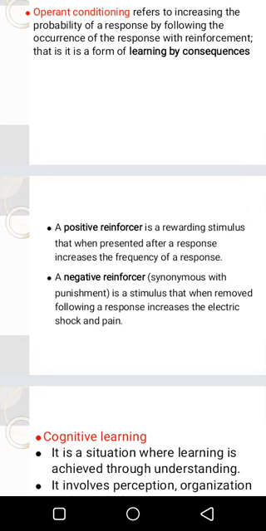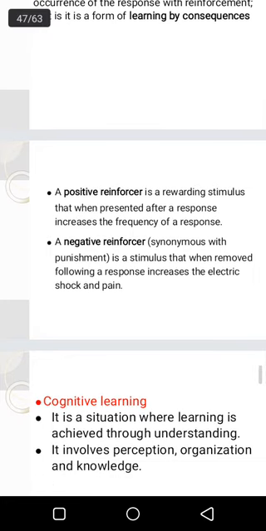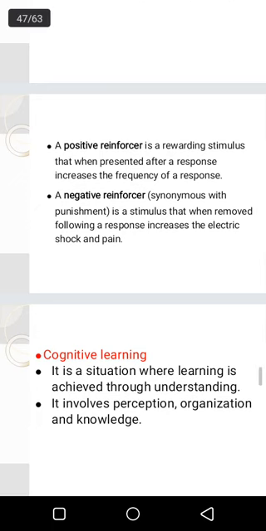So a negative reinforcer, in this case, is synonymous with punishment, a stimulus that, when removed following a response, increases the electric shock and the pain. So they've just given an example. For example, when you remove the reward from the child, this child has already learned to say, every time I work hard, I'll be granted a reward.